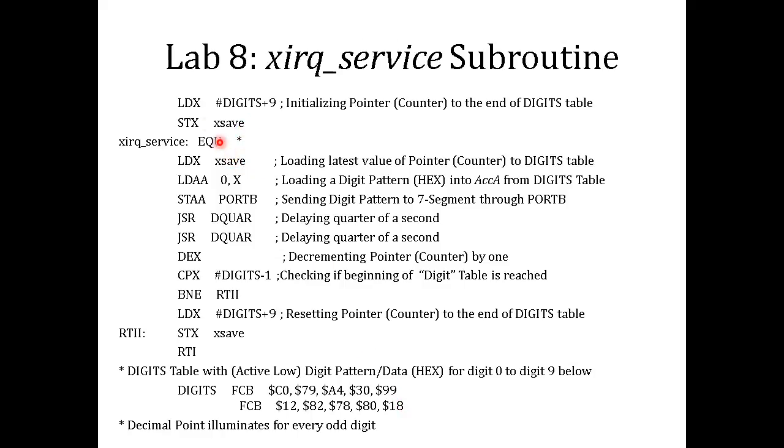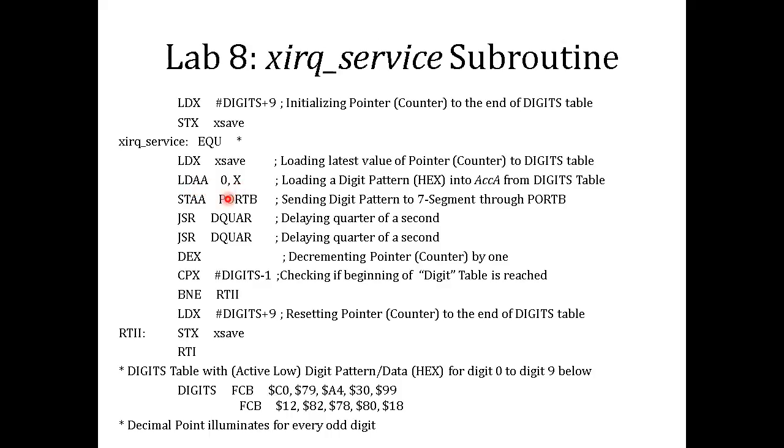And then if you look at this, we are just saving that into a variable, and again that's the address of 18. So that address of 18 is again loaded back to X, and then we are doing an indexed address instruction here, LDAA 0,X. Now what exactly are we doing here?